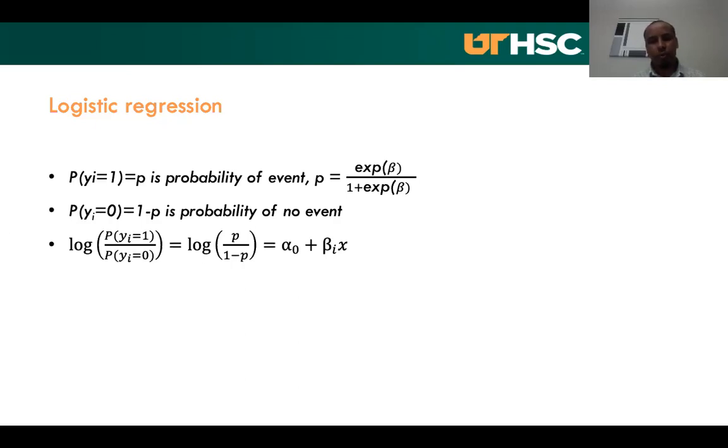The odds ratio means the ratio of the probability of an event to the probability of no event in the exposed group divided by the probability of an event divided by the probability of no event in the non-exposed group. So the odds ratio is the ratio of the odds of an event in those exposed to the odds of an event in the non-exposed group.